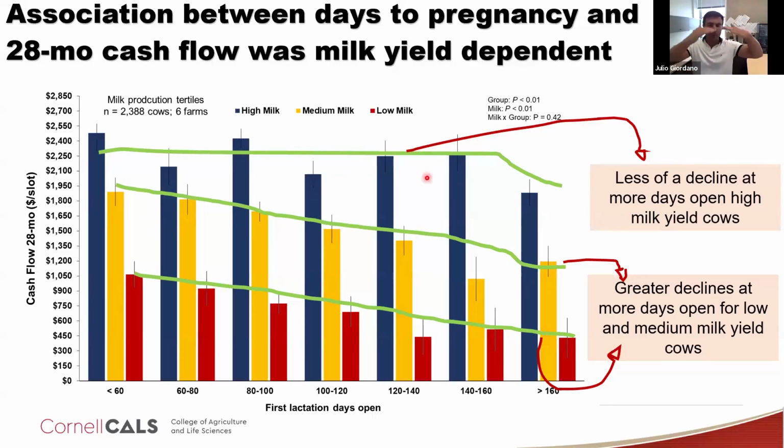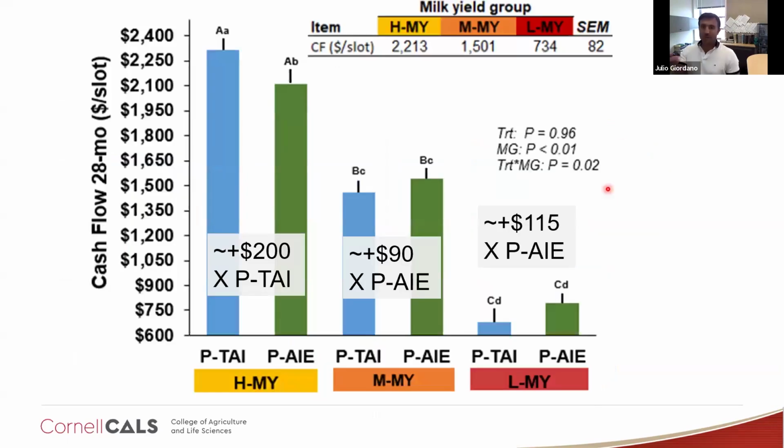You see, there is variability, it goes up and down, but you can probably draw a flat line and there's not a big difference. On the other hand, the ones that drop quite dramatically and significantly, and of course you can appreciate the tremendous effect of just milk production, were the medium and the low producing cows. Those cows had a pretty substantial drop in cash flow as days open increase. So basically, that's an effect of milk production.